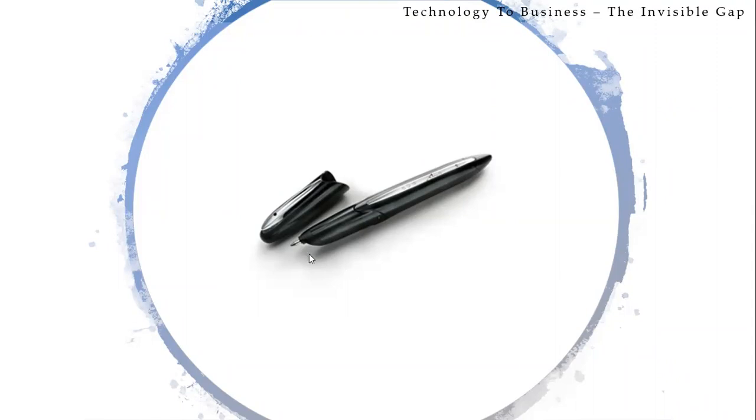Whatever they write on the paper gets stored on the cloud. The paper is printed in a specific format, on a dot matrix kind of printer, and the pen knows at which location the writing is happening. Based on that, the information gets stored on the cloud. Make sense? What they focused on was not changing the habit.